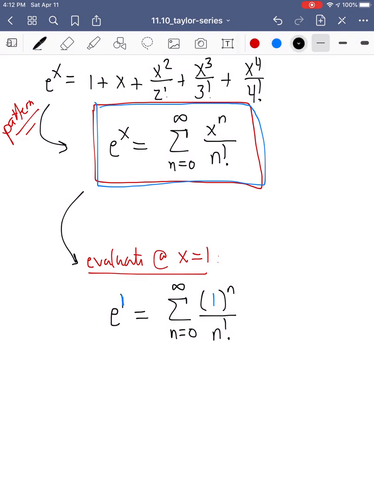In other words, we're able to rewrite just that constant e as an infinite sum itself, as the infinite sum of 1 over n factorial. And this will also add up to the value of e that we know, 2.717 and change. Check out the next video in which we figure out what the Maclaurin series is for sine and cosine.